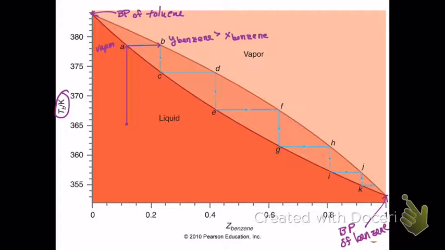So we'll note that the mole fraction of benzene in vapor at this point is greater than it is in the solution. We started out with a solution mole fraction which was maybe just a little bit greater than 0.1, and in this case we have a vapor mole fraction that is on the order of, say, 0.21 or 22.